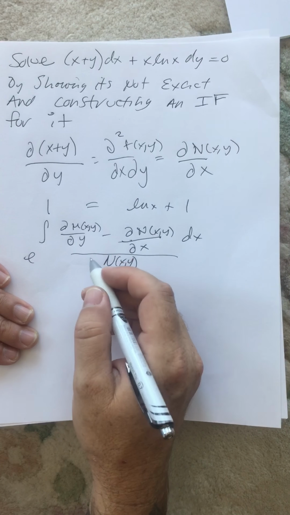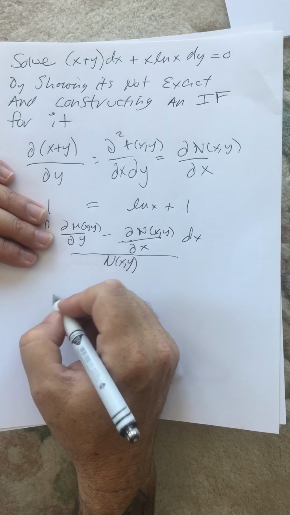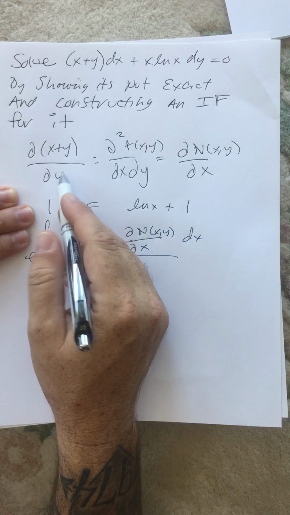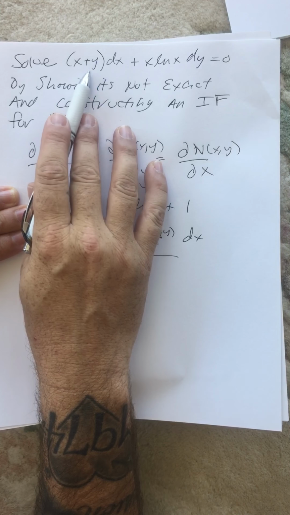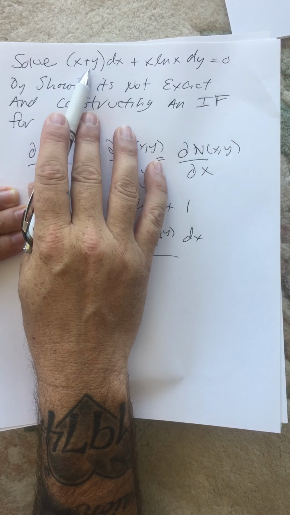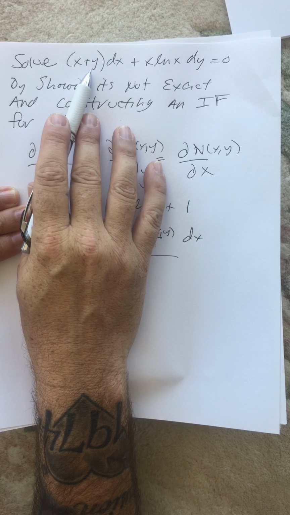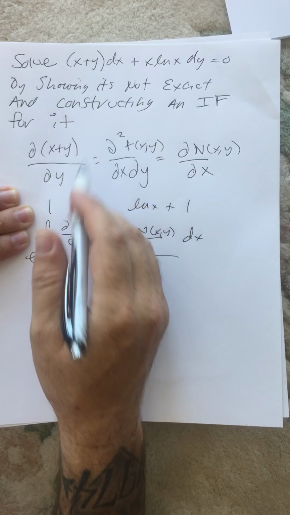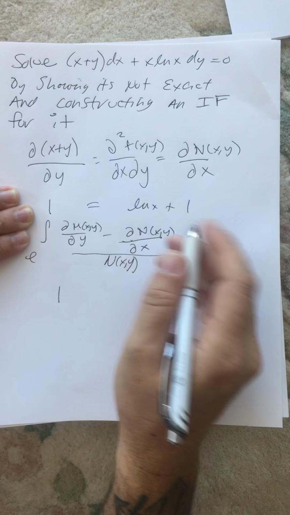So what is this going to be? This is going to be 1, because we already did it. It's right here. It's just the partial of M with respect to y. It's the function with the partial x derived from it, and then we further derive the y from it to get this term, which is 1.